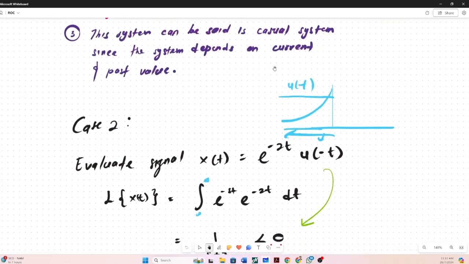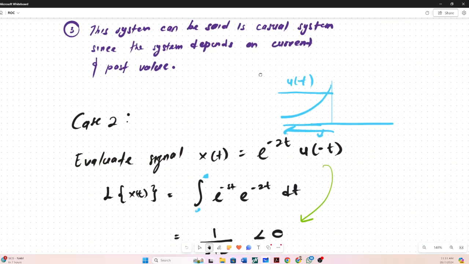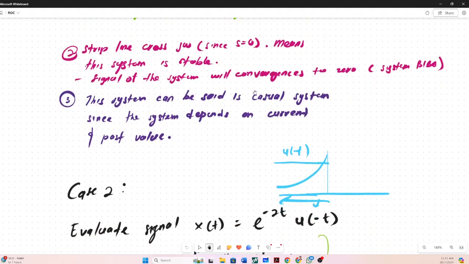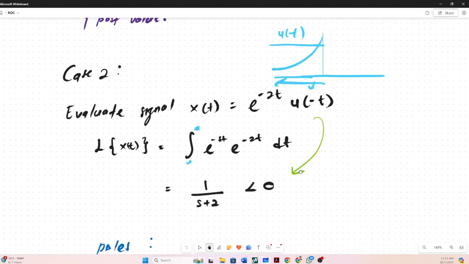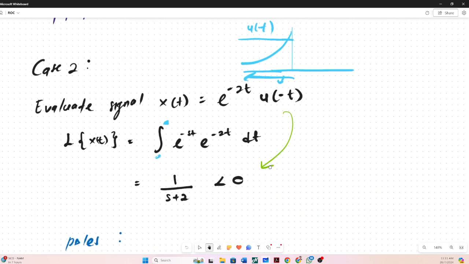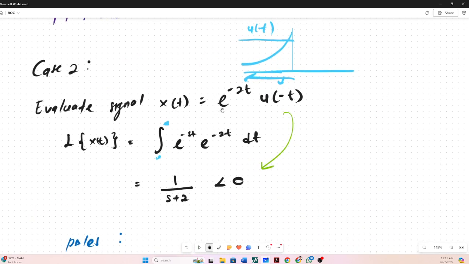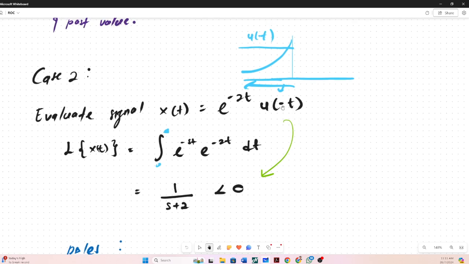This is the first case. For the second example, the equation gives you x(t) equals minus e to the power of minus 2t times u(minus t).